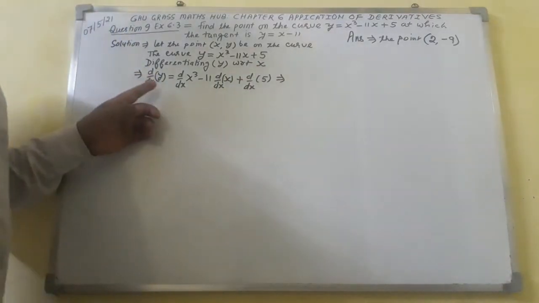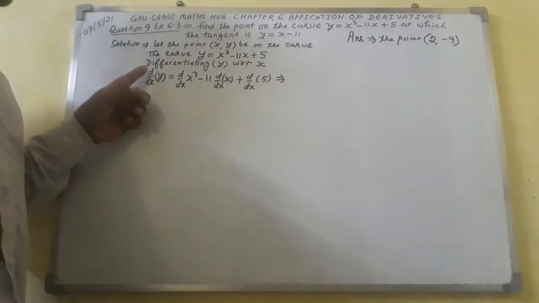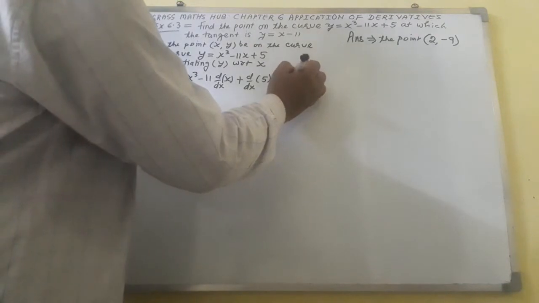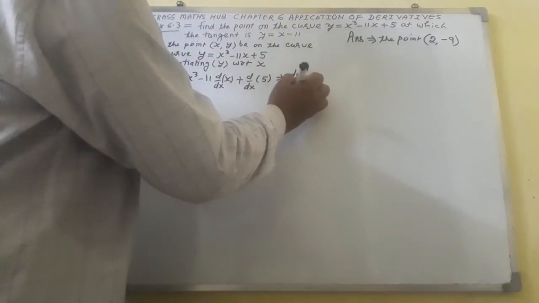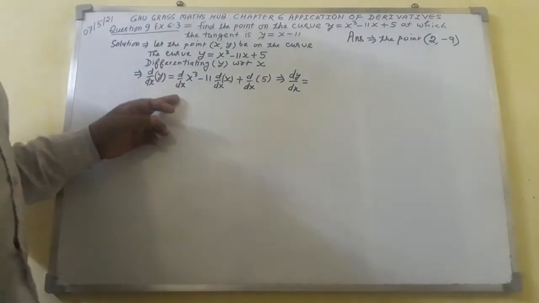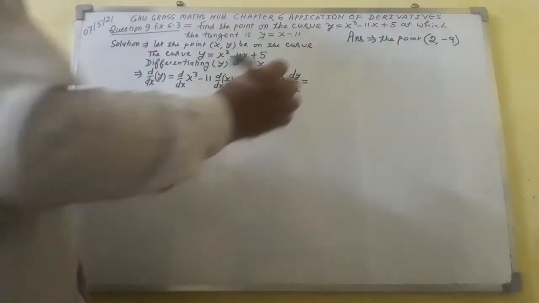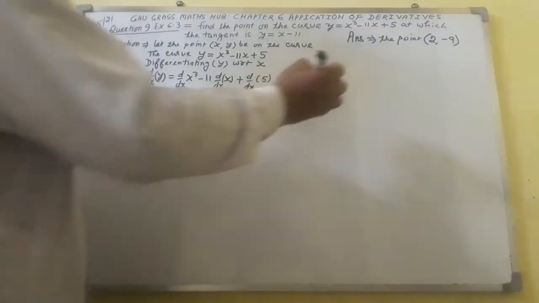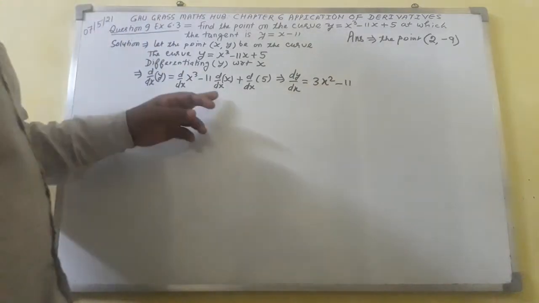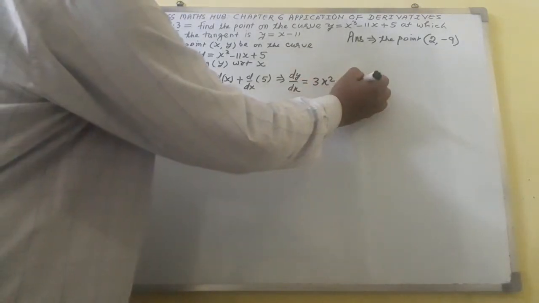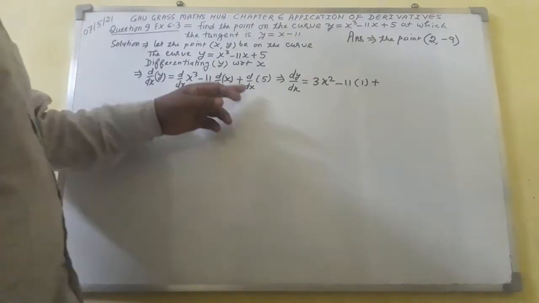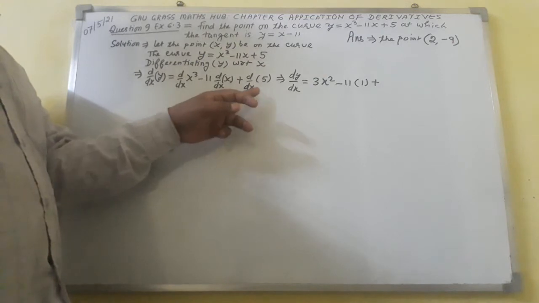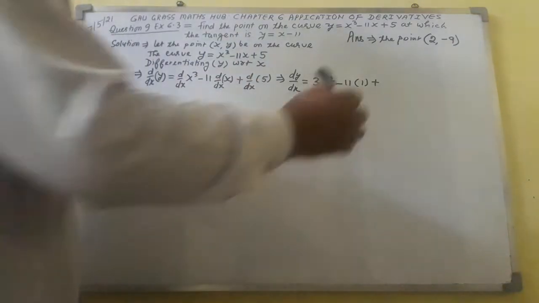Here in the left side the function y is available, so it comes out to be dy over dx. So dy over dx equal to d over dx of x cube, which comes out to be 3x square, minus 11 times d over dx of x, which is 1, plus d over dx of 5. Here 5 is a constant. The first order derivative of a constant comes out to be 0.